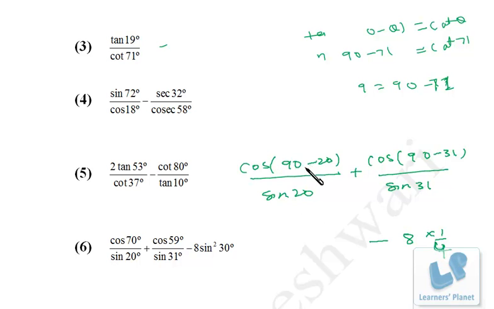Okay. Now sin(90 - θ) is cos θ and cos(90 - θ) is sin θ. So it is sin 20 by sin 20, that's 1, plus sin 31 by sin 31 is 1, minus 2. So it's 0. Right?